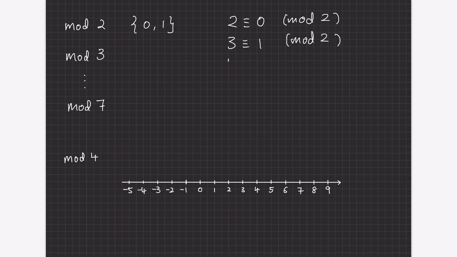But of course, if I go up to 4, then it goes back to 0, where 4 and 0 have the same remainder in modulus 2. This is what it's about, and this gives us a very cyclical kind of thing. So these are the two possible numbers, 0 and 1.